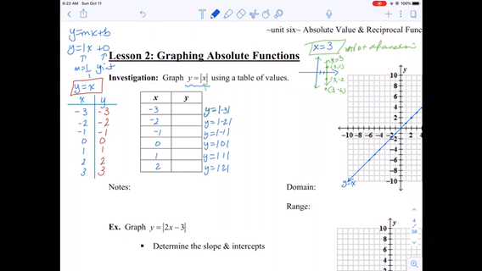When I put in my x values, they can be negative, but y is the absolute value of -3, which would be +3. My input -2 gives +2, then +1. The absolute value of 0 is 0, and then 1 and 2.